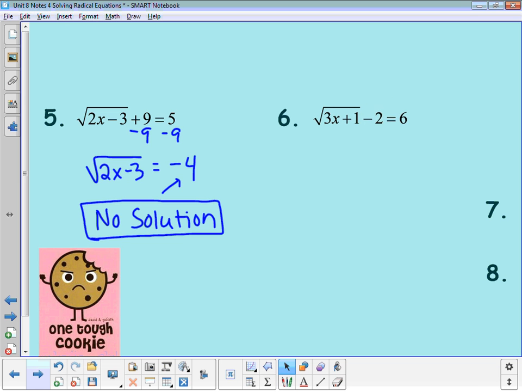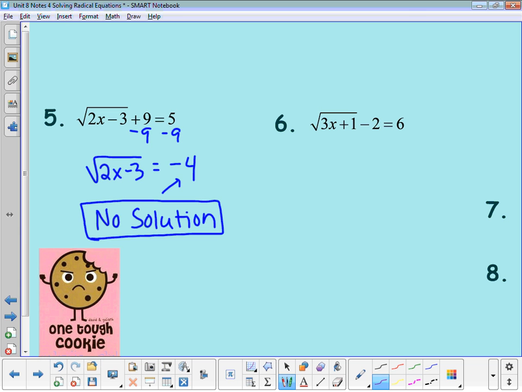Let's try number 6. In number 6, I have the square root of 3x plus 1, and then minus 2 outside is equal to 6. So I'm going to start by adding the 2. That leaves me with the square root of 3x plus 1 equals 8. Now the radical's alone, so I can square both sides.